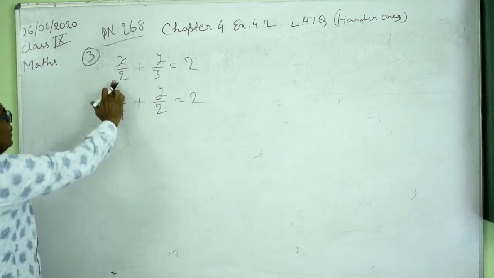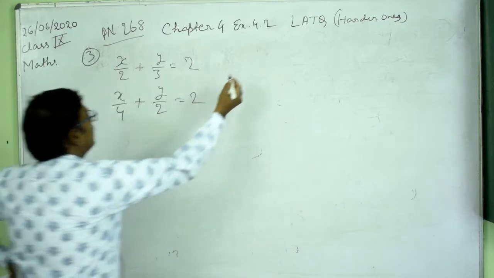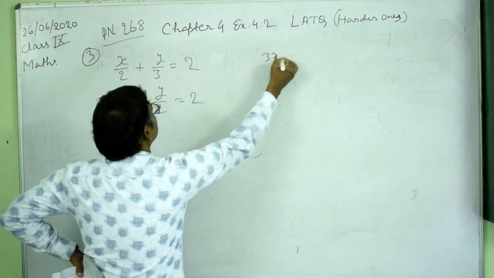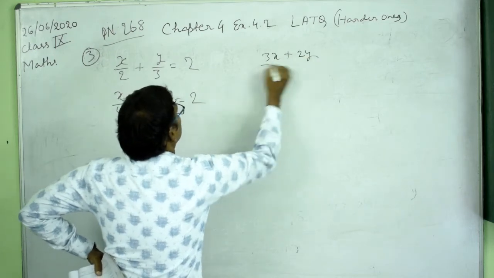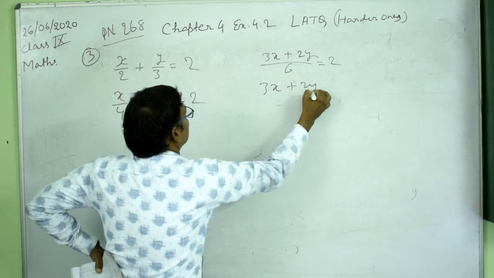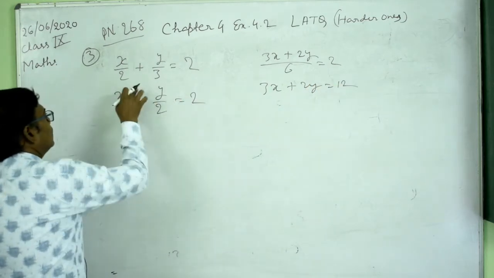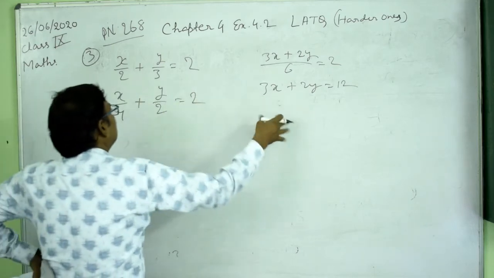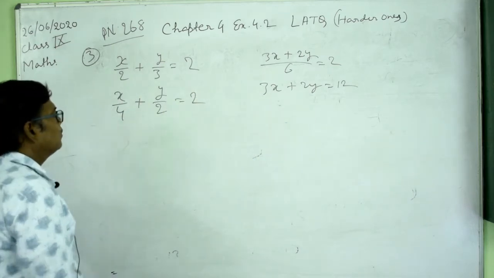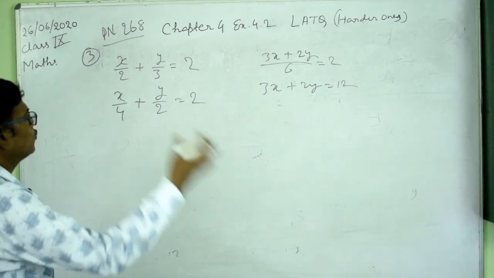First you can simplify the denominators and make the equation like this, that is, (3x plus 2y) by 6 equal to 2, then 3x plus 2y equal to 12. You can represent the equation in this form and then again use the elimination method here. But I think we can do this without doing this also.